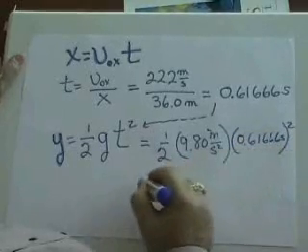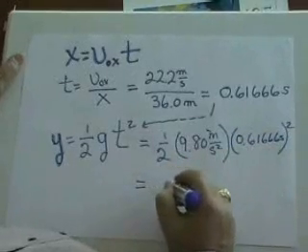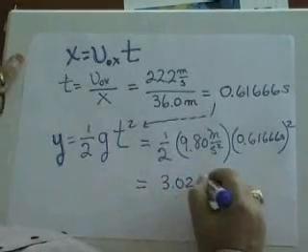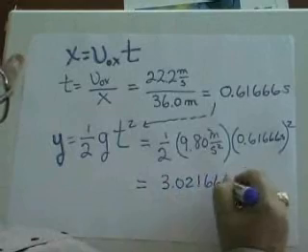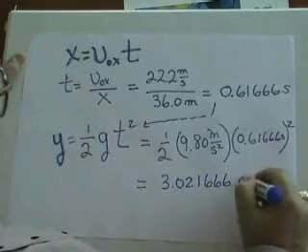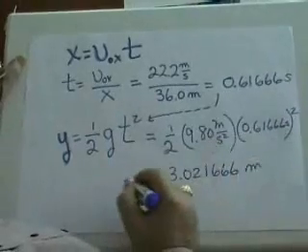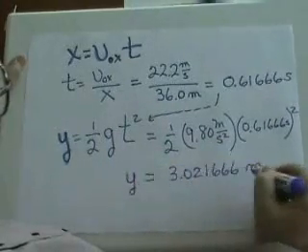Now, if you do that on your calculator, you will get an answer that looks like 12.88, and that will be meters because the seconds squared cancel out, leaving the meters. And this will be our Y, but this is too many numbers.